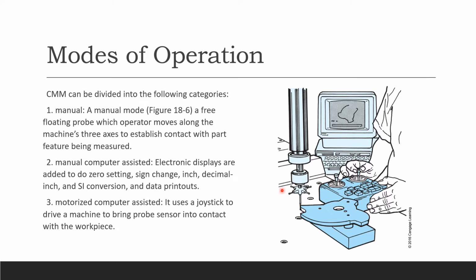The next one is motorized computer assisted. It uses a joystick. This is your third mode of operation, to drive the machine to bring the probe sensor into contact with the workpiece.